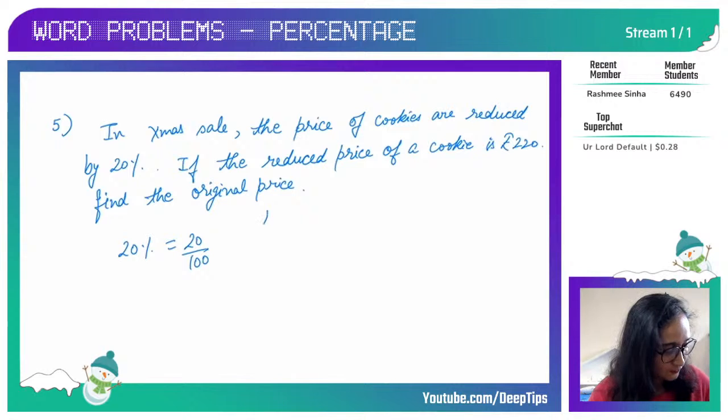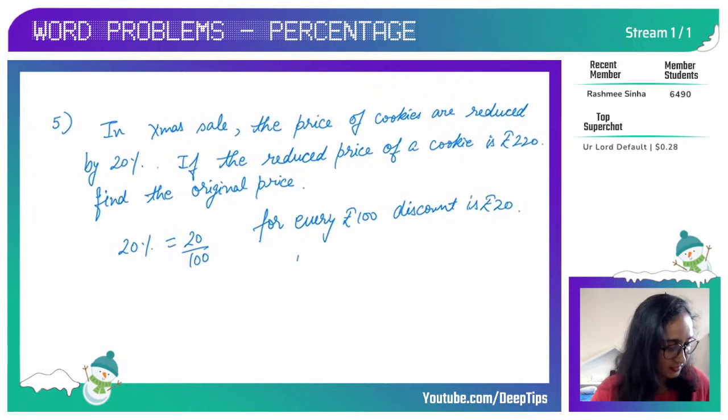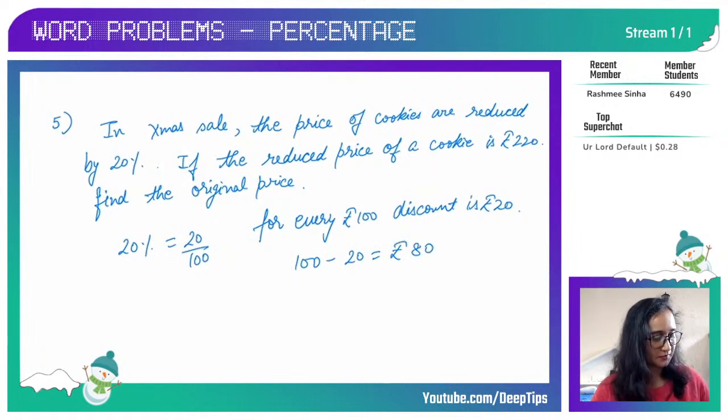So for every rupees 100 box, the discount is rupees 20. That means you get that box for 100 minus 20, that is rupees 80.